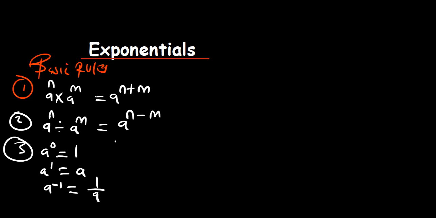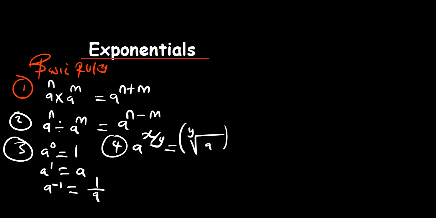Then we can call this one rule number 4. What if you have a to the power a fraction, let me say x over y? The way we're going to write a fraction, you write what a is, the denominator becomes the root, then what is on the numerator becomes the power.